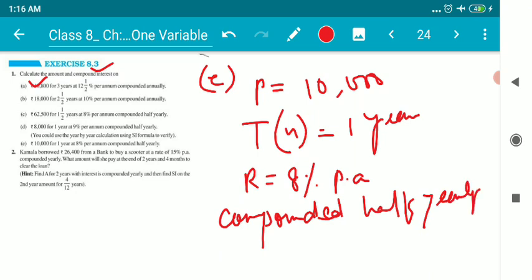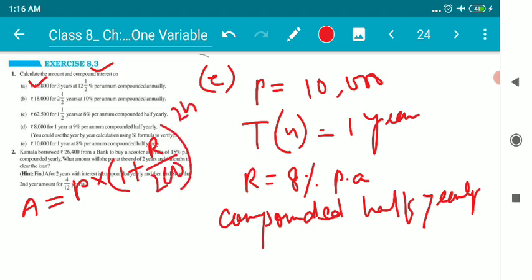So we know the formula, children. The formula is amount is equal to principal into 1 plus r by 200 whole to the power 2n.